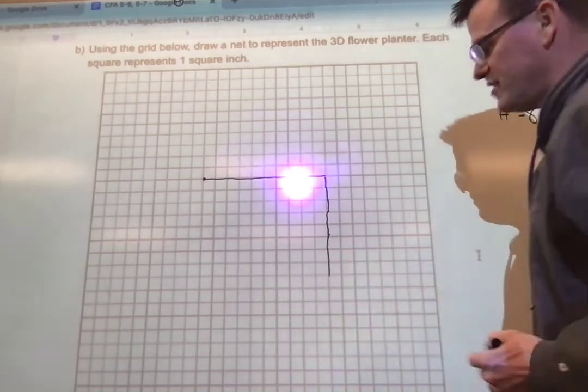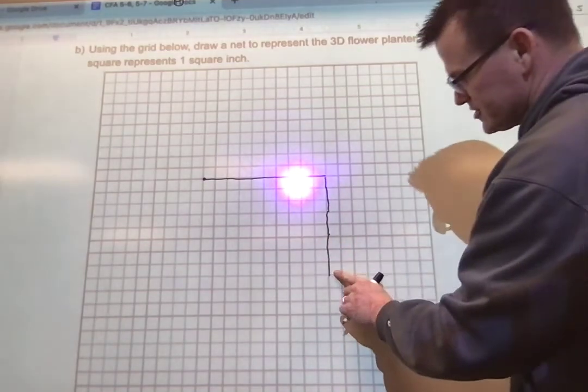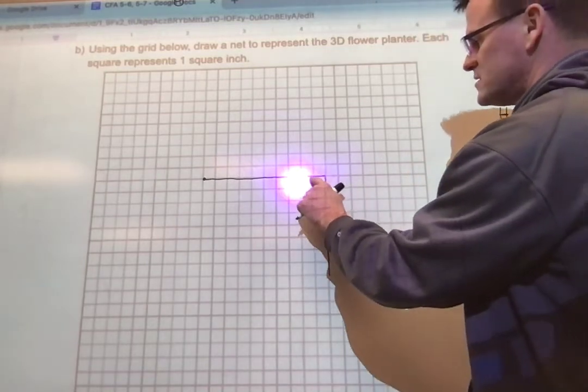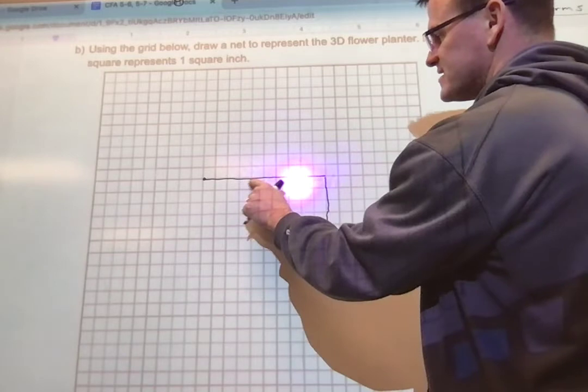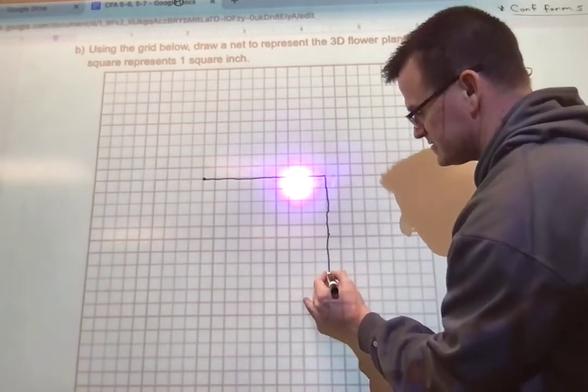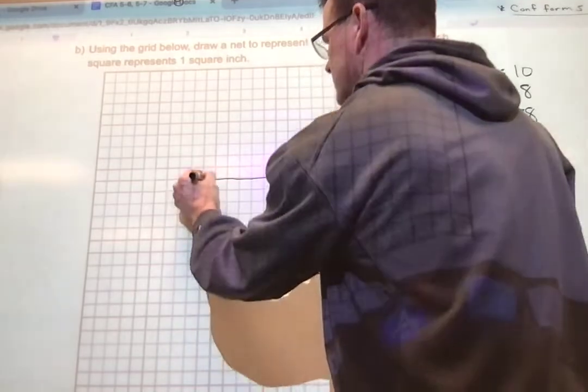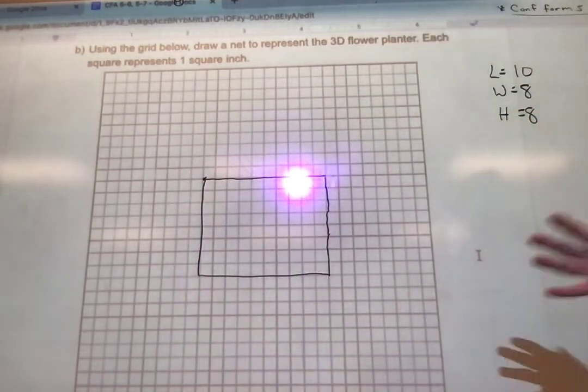You can be drawing this with me. Double checking: 1, 2, 3, 4, 5, 6, 7, 8, and 1 through 10. All right, so it's 10 by 8, paying attention to detail there. That would be the very bottom.